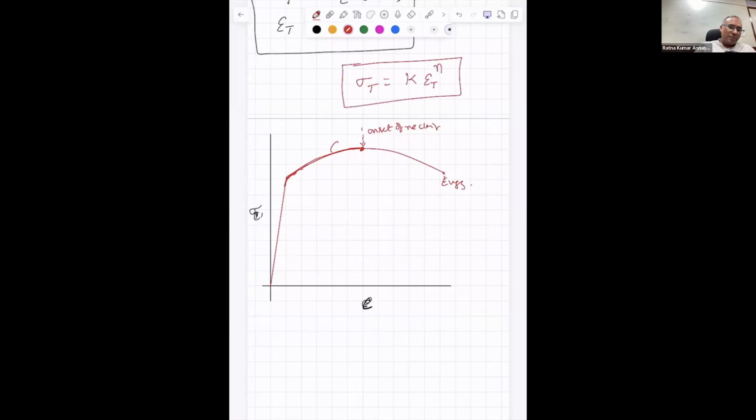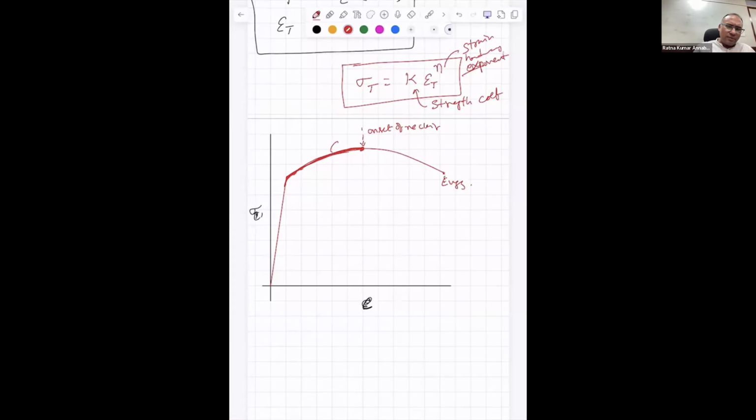Let us say this is where plastic deformation is starting, and this region can be represented by this relation, where k is called the strength coefficient and n is called the strain hardening exponent. So it basically tells you how the strain hardening is taking place. It can be a non-linear response up to the onset of necking.